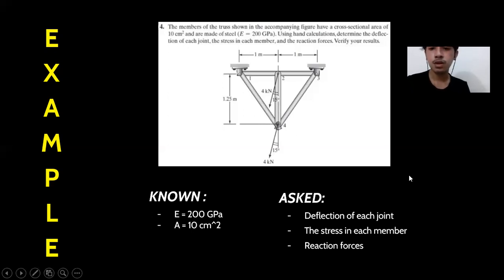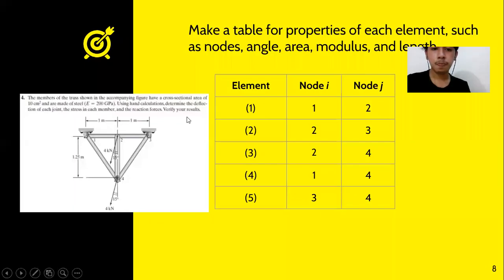Okay, so from this known exercise, we get to categorize the elements by each node, which I just explained before. Make a table for properties of each element, such as nodes, angle, area, modulus, and length.